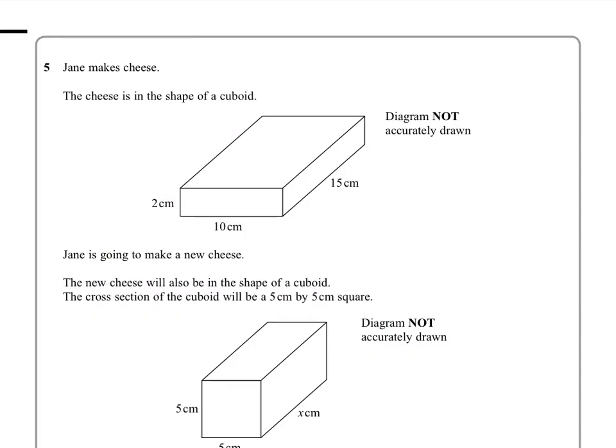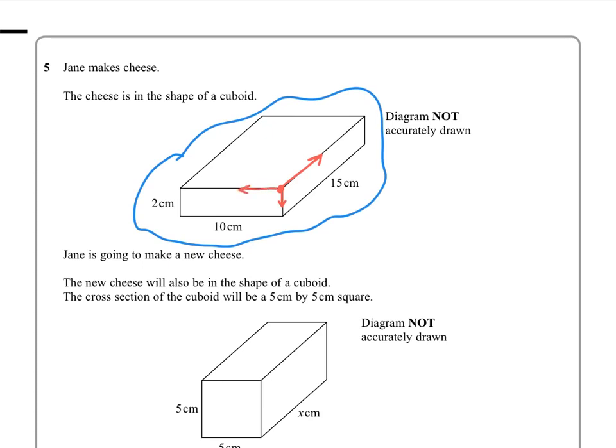The thing to do in this question is to work out the volume of the first type of cheese, so this one. Now I usually pick a corner and then I want to have the 3 directions and multiply those because that will give me the volume.